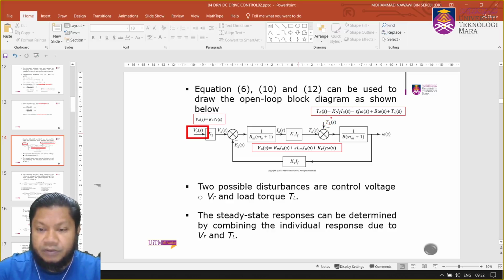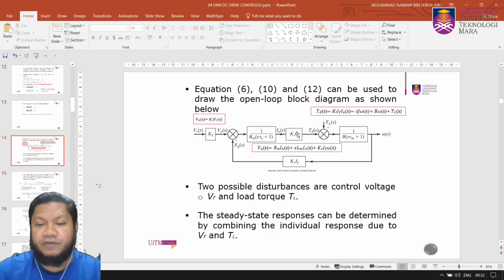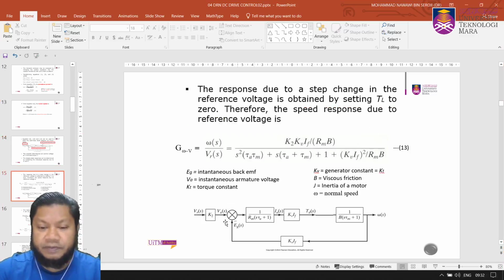So we have this block diagram here, whereby you set the load equals to 0, and you have this transfer function to represent the speed against VR. We call it G omega V.